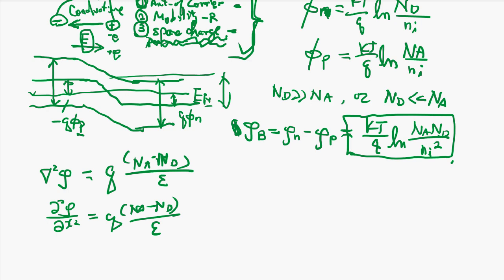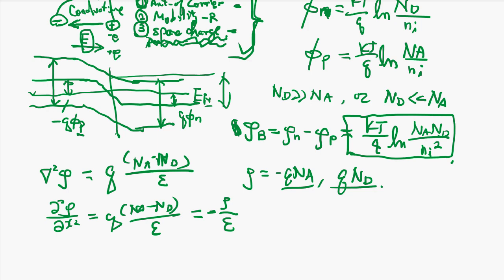The rho is the density, minus q Na, or q Nd. That's the amount of charge existing in this area. Okay. So this is the negative charge density over epsilon. That's Poisson's equation.